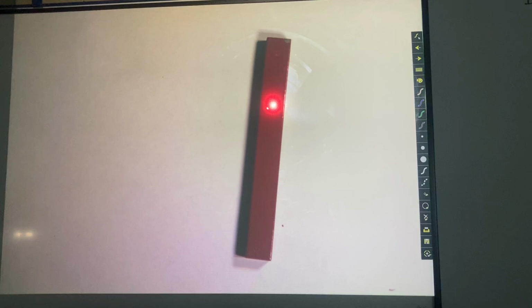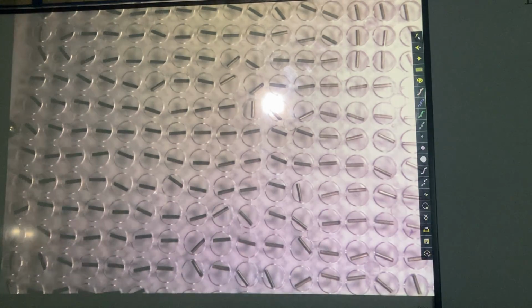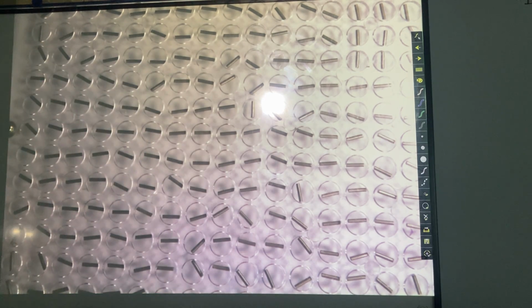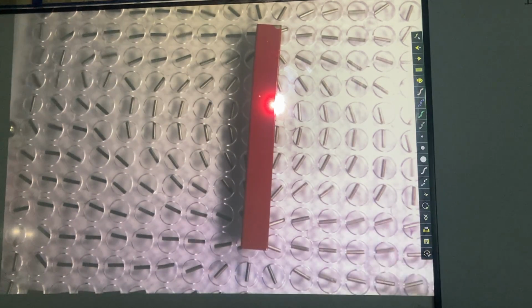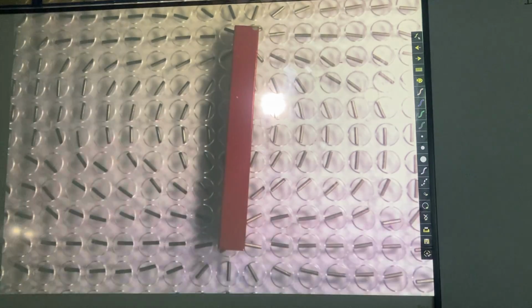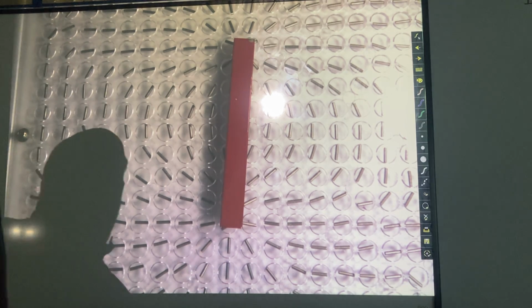Now, I could show you the magnetic field of a bar magnet with this guy right here. Here's a bunch of those metal rods, and if I put a bar magnet on there, you can actually see the magnetic field around the bar magnet.